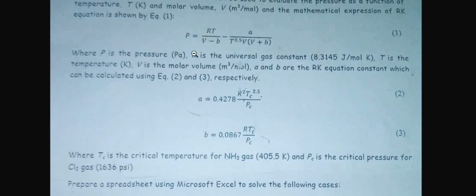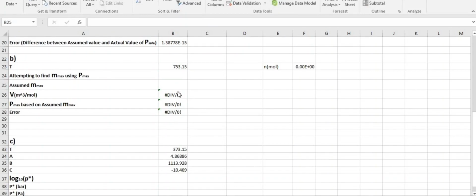And remember that V is a function of small letter m and capital letter M, where small letter m is the reactant mass, which is the assumed mass. That's the M max we're looking for. And capital letter M is the given molecular weight. So you can try changing your value of assumed mass to maybe something like 3,500 if you go a bit lower.